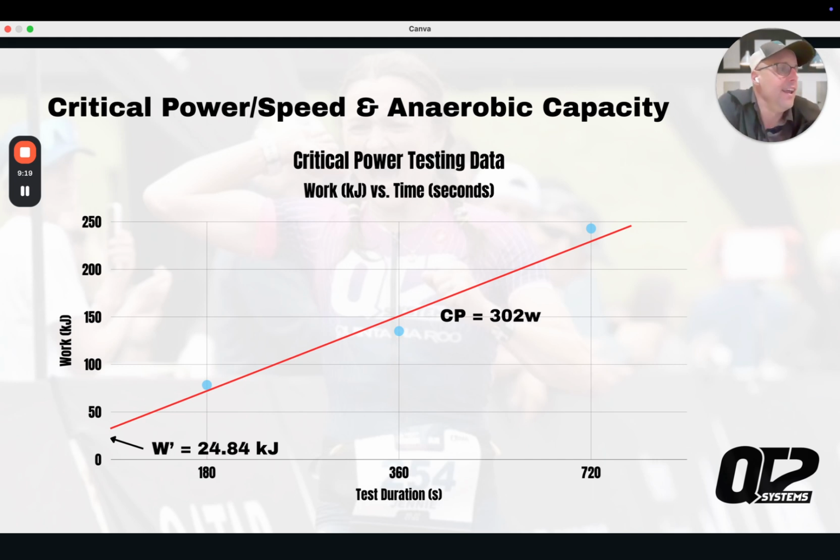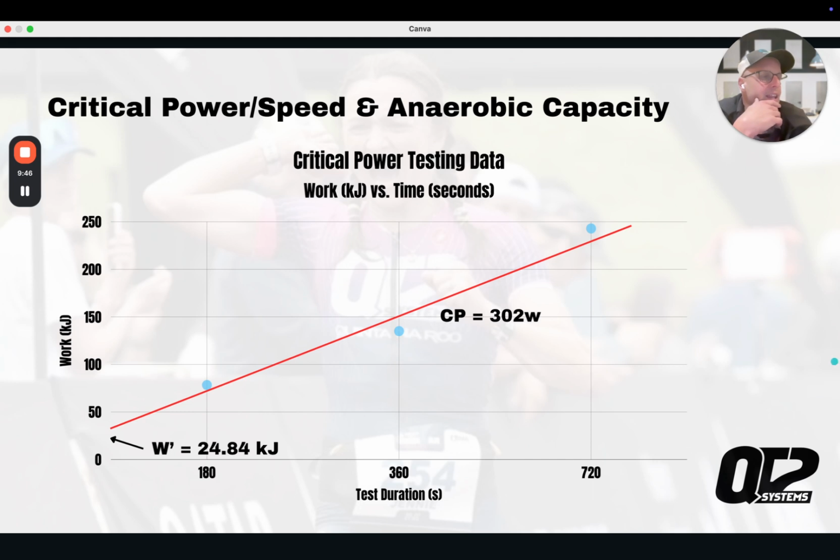Every second, you can continuously add about 300 joules of work without dipping into your finite bank, which is your anaerobic capacity, your W prime. Kind of think of it as the speed of a treadmill belt that you can keep up with for just about forever. It's really your steady gear. So the slope of this line, or the critical power, is your steady gear.